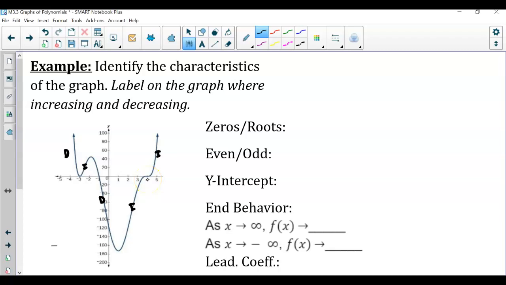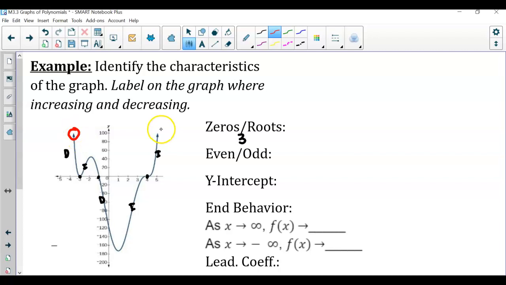So now with our zeros, our roots, how many zeros or roots do we have? 1, 2, 3. So we have 3 zeros. Then if you also wanted to list, they are whole numbers. So -3, -1, and 4. Is this even or odd? We'll take a look.